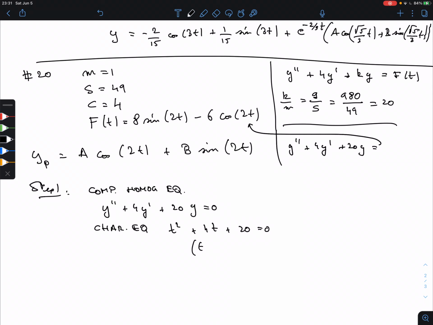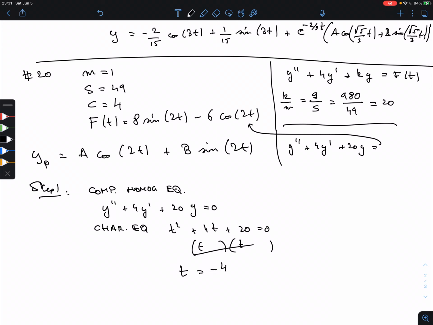So we have to factor this as two things that multiply to 20 and add up to... no, that won't work, right? This will be imaginary numbers. You can try, of course, but there is nothing that works, so we go to the quadratic formula.